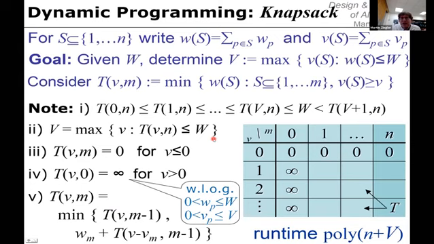Now, by just changing the units of values and weights, and by rounding them, we can improve the running time. We can reduce the parametric quantity capital V and obtain a faster algorithm.